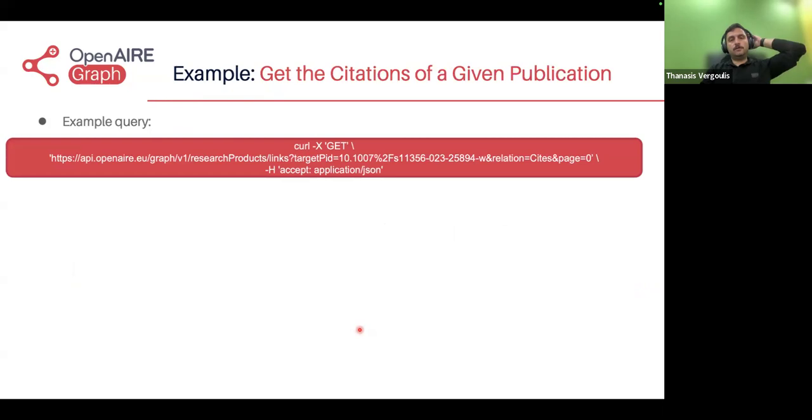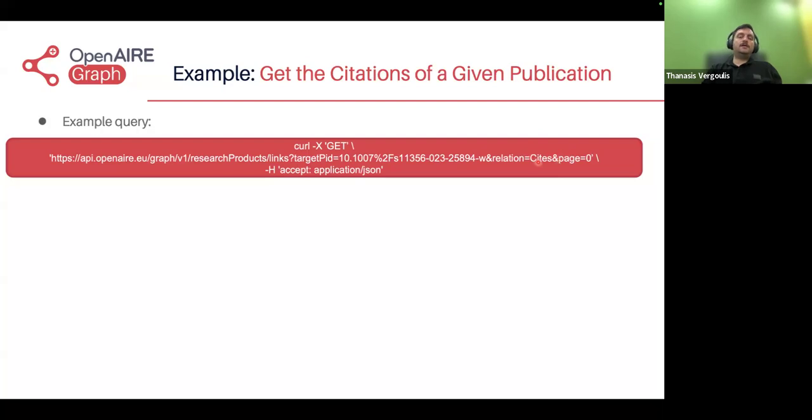Here I also have an example of how to get citations for a given publication, not the citation number, but the list of citations. This will retrieve all connections that the graph contains of this particular type, where the relation is cites.